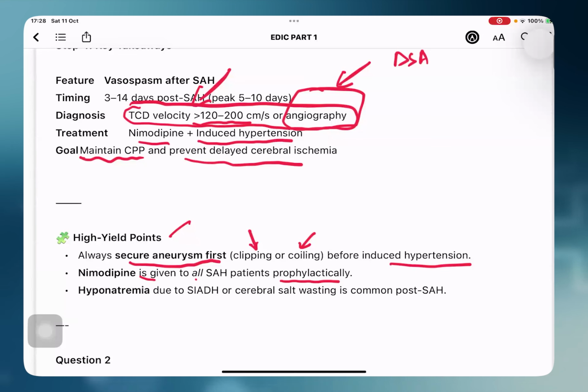So we usually have to do it, but the presentation will be with neurological deterioration. There will be headache, the patient will start having vomiting, and you will start seeing neurological deficits depending on the site where the EVD was placed.